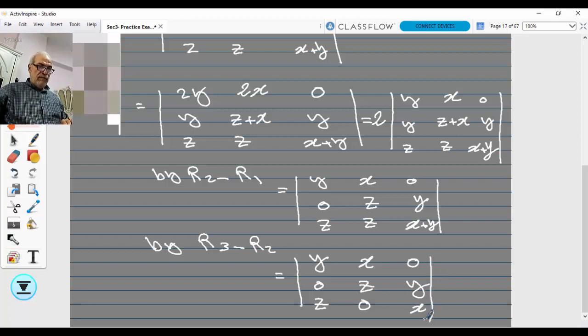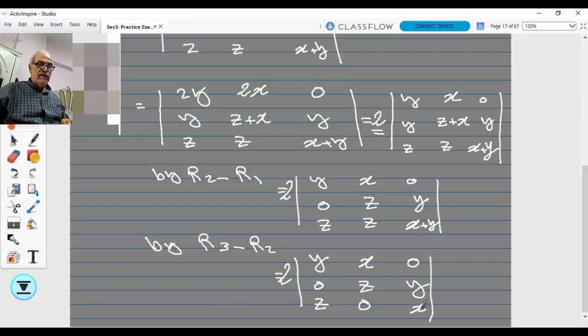So the final form: y, x, 0; 0, z, y; z, 0, x. Of course, we must write the number 2. This number, we forget it. Here is 2, and here is 2.